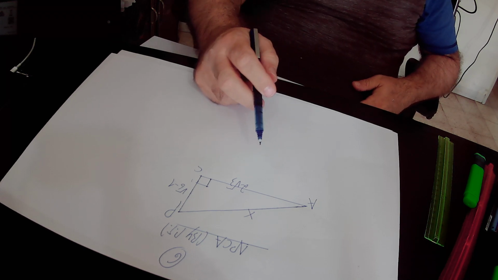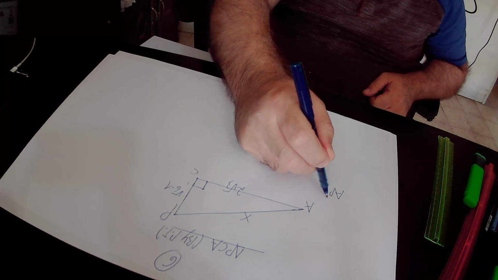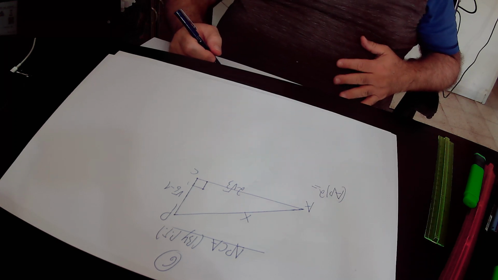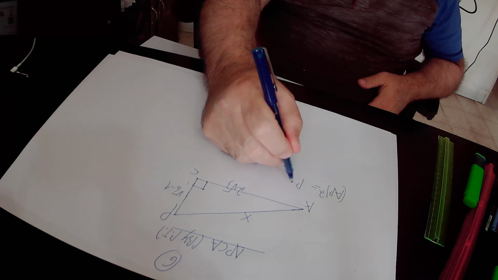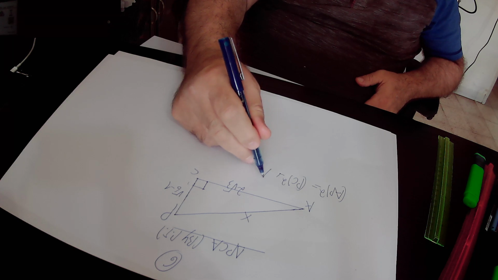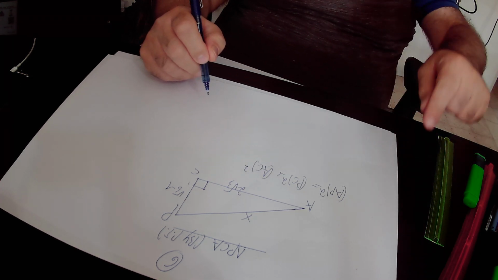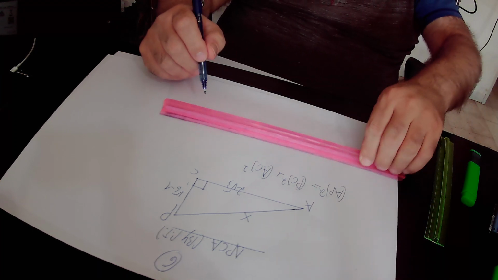The hypotenuse in this right triangle is AP, therefore the square of the hypotenuse is AP squared. And it must be equal to the sum of the squares of the perpendiculars, that is to say, PC squared plus AC squared. So according to the Pythagoras theorem, AP squared equals PC squared plus AC squared.